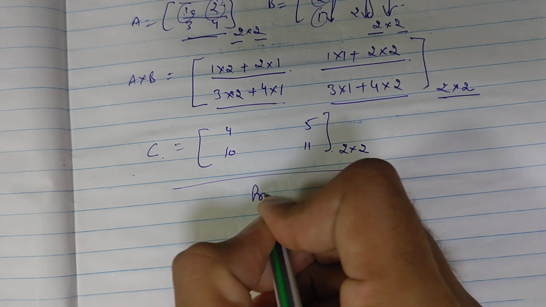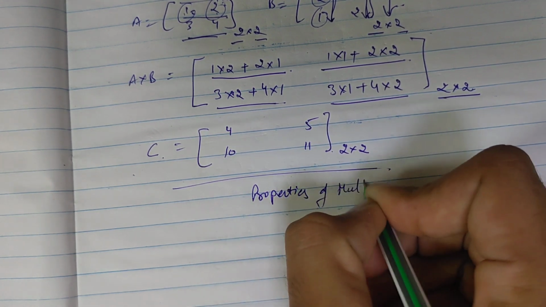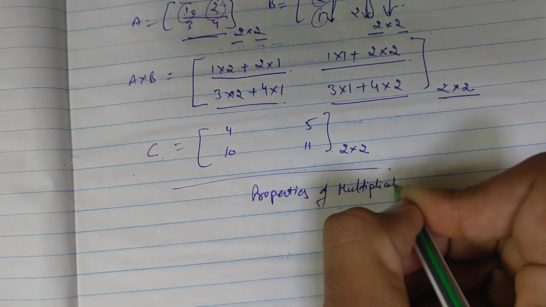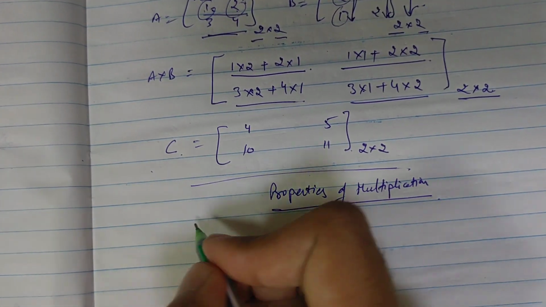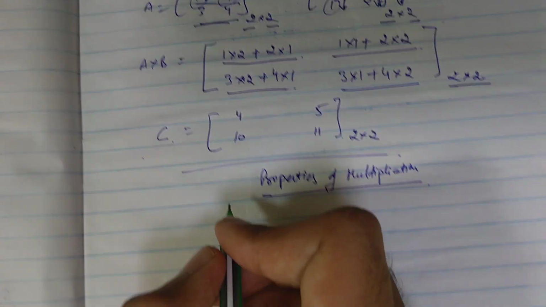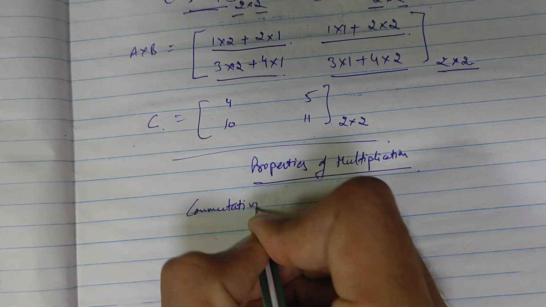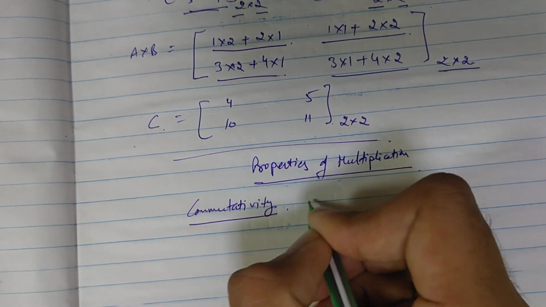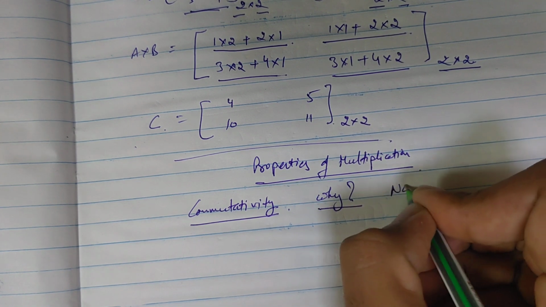Now the properties of multiplication. So here the commutativity will not hold. Why will it not hold?